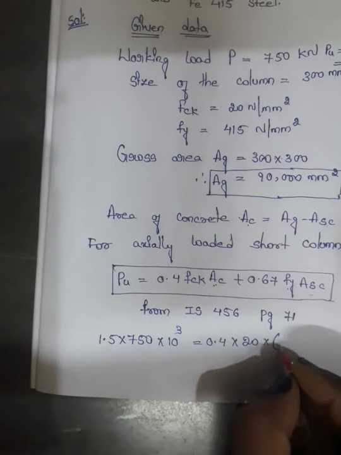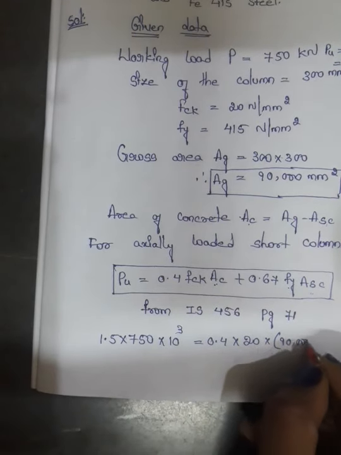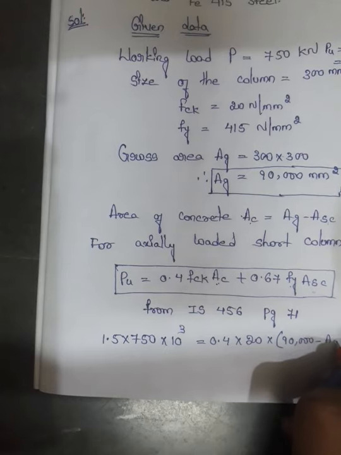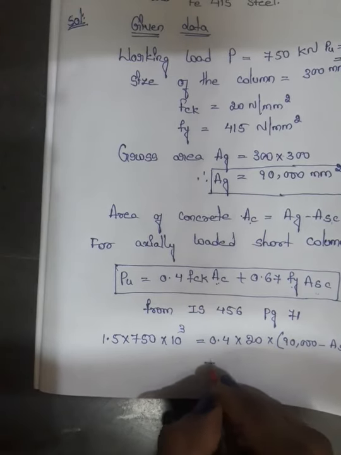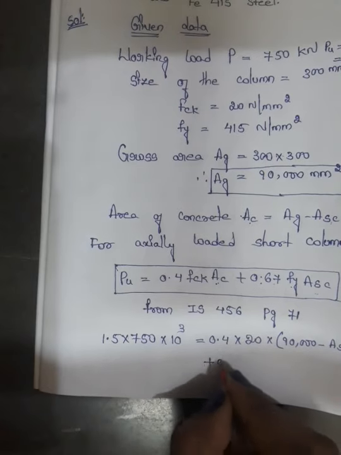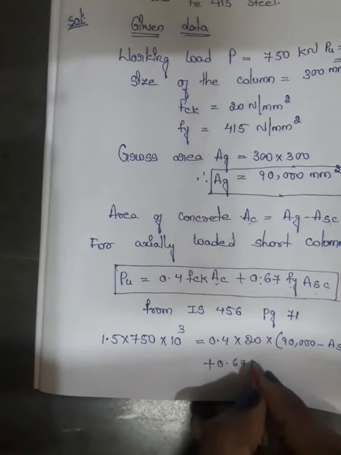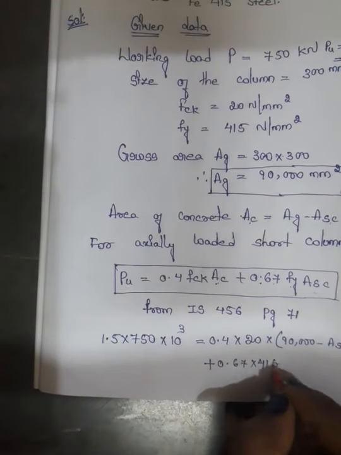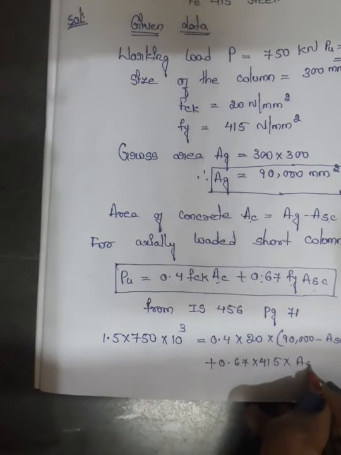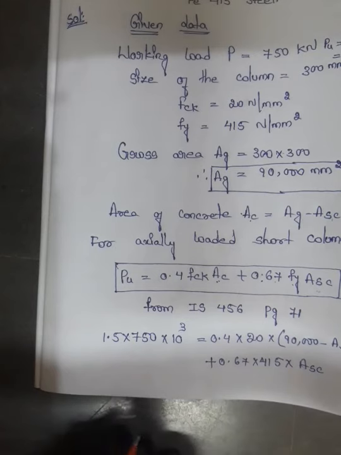Ag is equals to 90,000, so 90,000 minus Asc, plus 0.67 into fy, which is 415, into Asc.